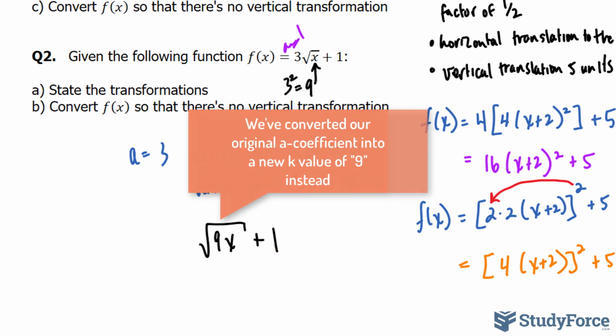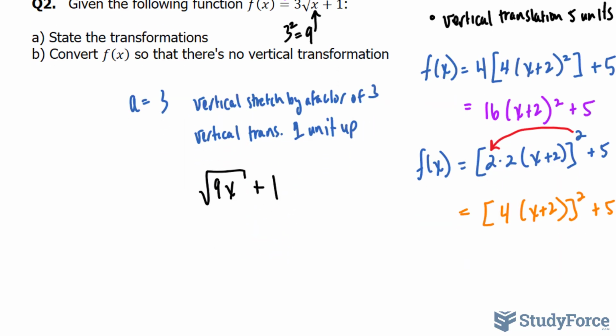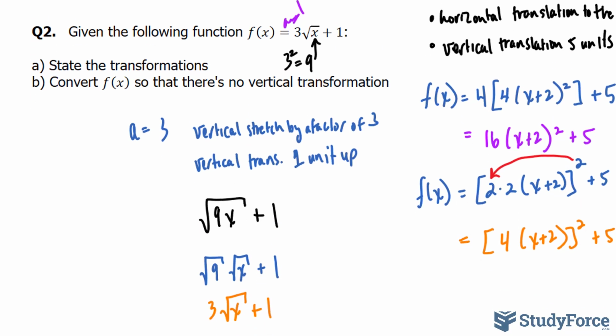The reason why this works is because if we were to apply the exponent laws, you can apply the square root to the individual factors. So I can have the square root of 9 and the square root of x plus 1. The square root of 9 makes 3. So you can see that applying the square root to 9 gives you back what we started with.